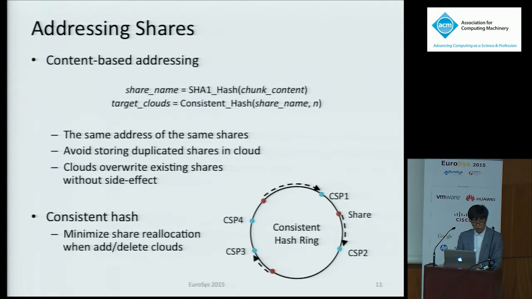If there are simultaneous requests to upload a share, the shares are addressed according to each content, and there is no side effect from the cloud's file override or creating a new file. To do so, we use a consistent hash that minimizes the share reallocation when we add or delete a cloud. I will explain this aspect later.